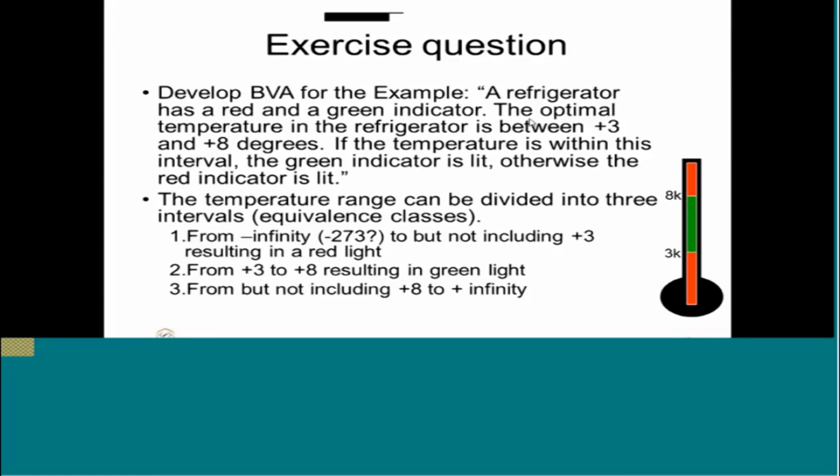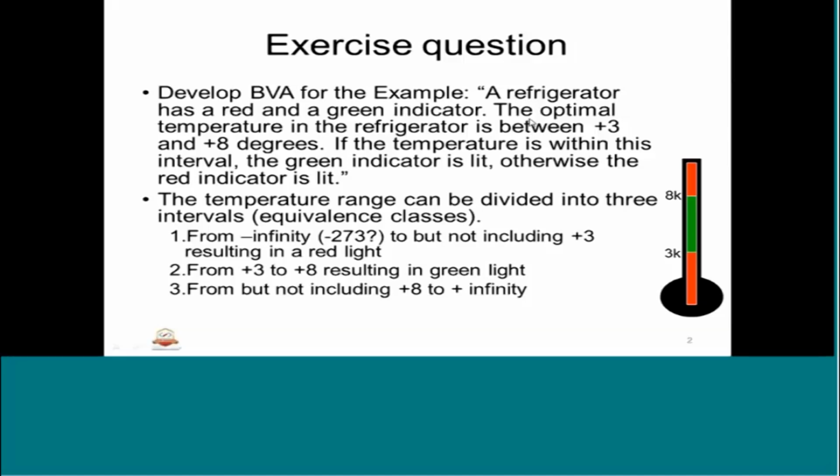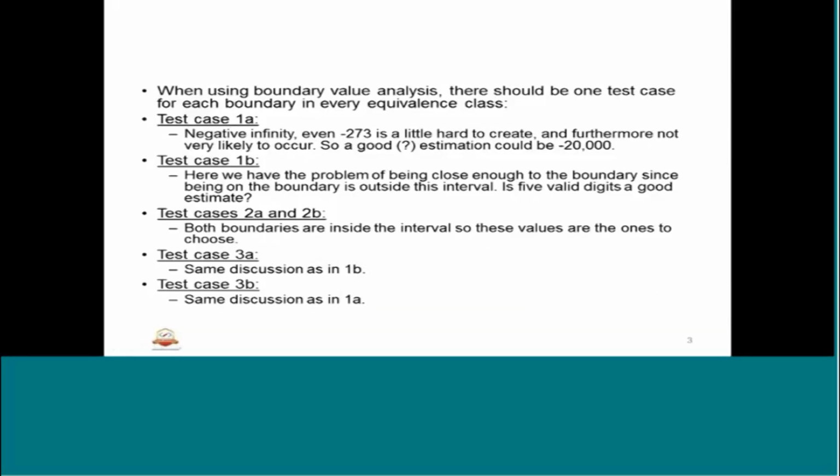These are test cases for that temperature range. About 5 test cases are there, taking care of negative, positive, just below the boundary and above the boundary. There is a nominal value also. This is subjective to the requirements whatever we have.